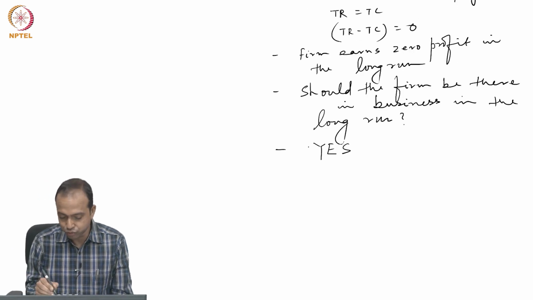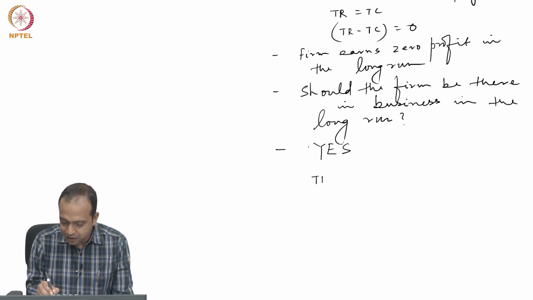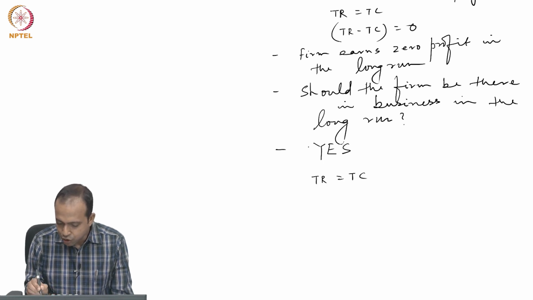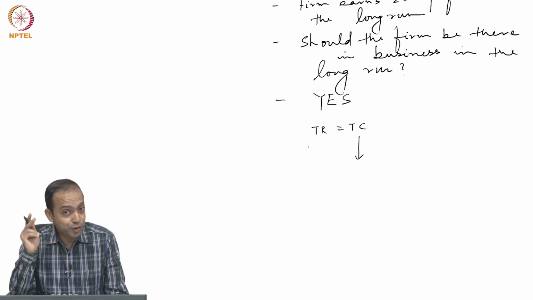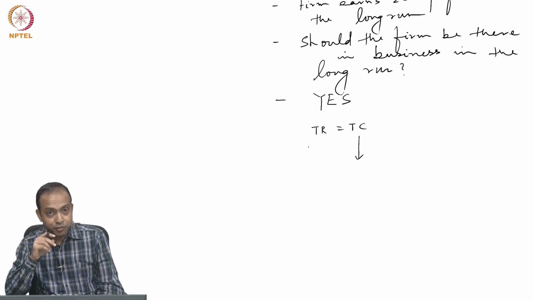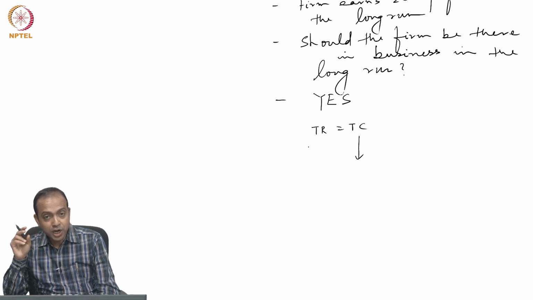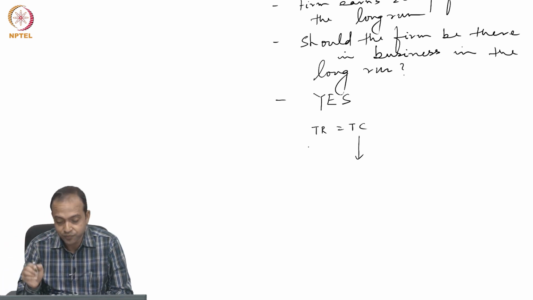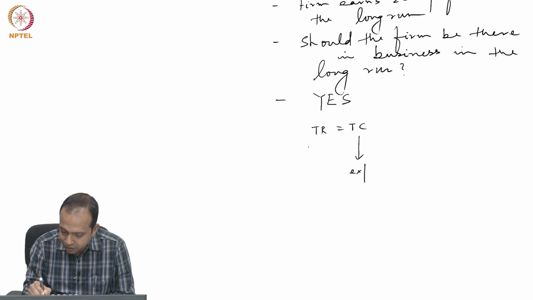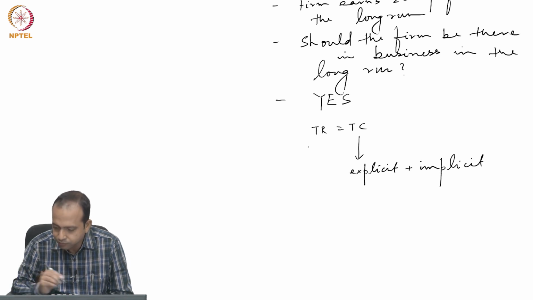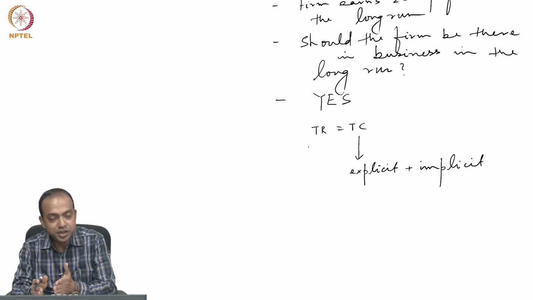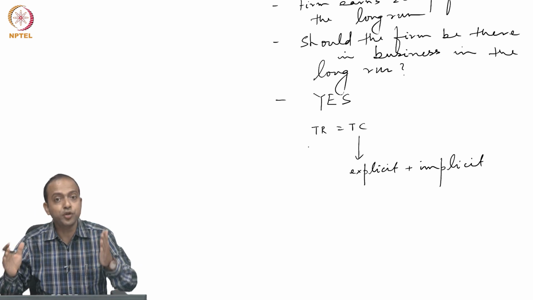Now, why is this so? When I am saying TR equals to TC, what is this TC? You remember that previously we discussed, total cost has two components, explicit plus implicit. Explicit means the cost which is going out of your pocket.